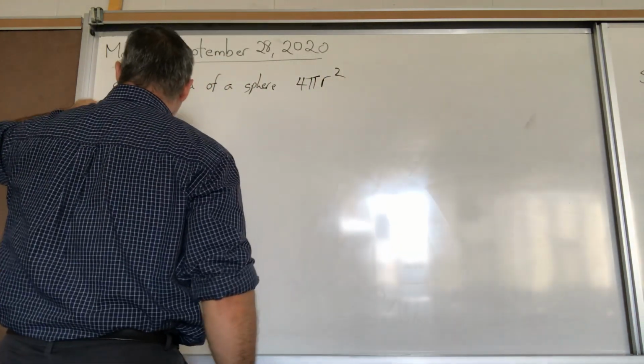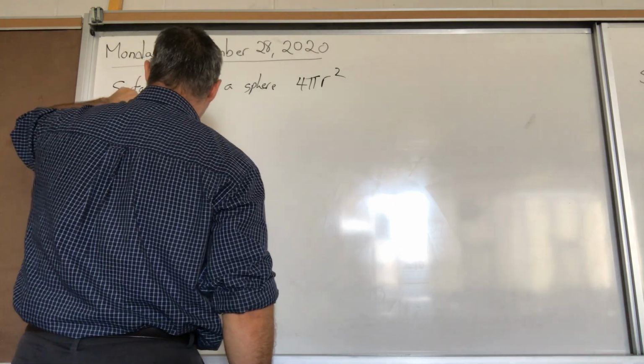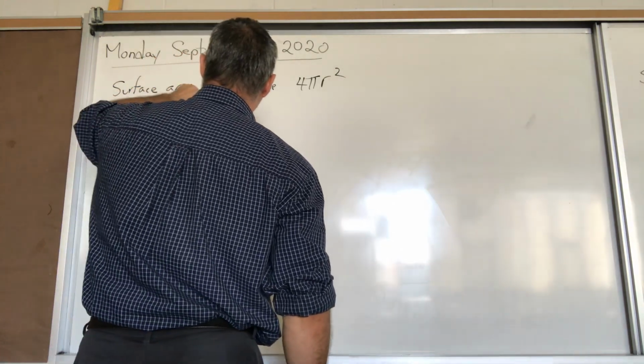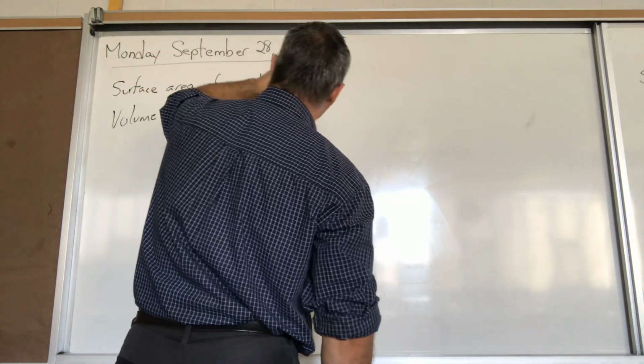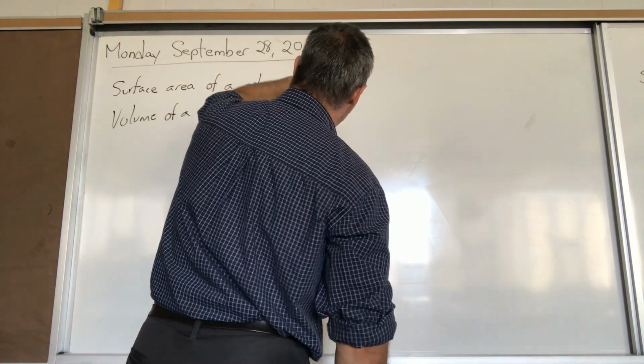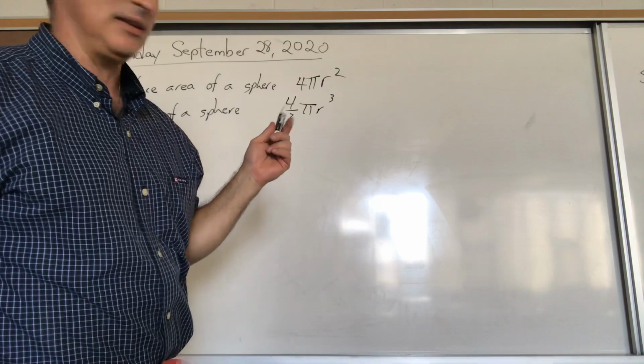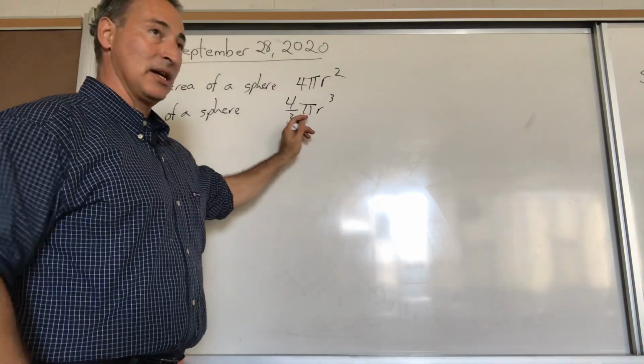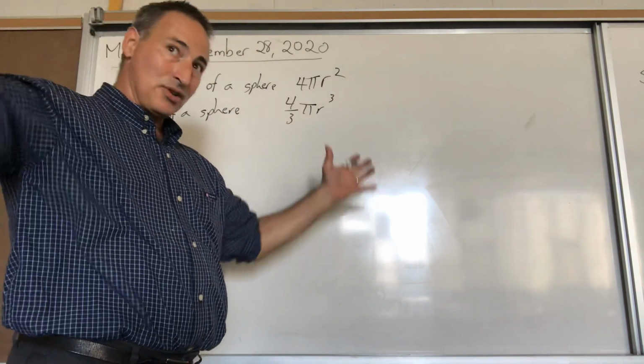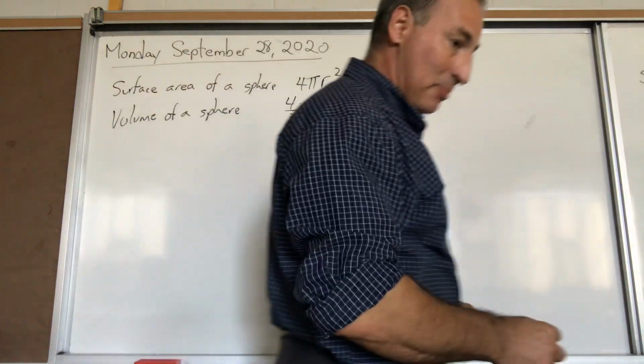The volume of a sphere is equal to 4 over 3 pi r cubed. You'd be surprised how many times these formulas come in handy, especially the sphere one, because a lot of things in nature happen spherically. Like, for example, sound.